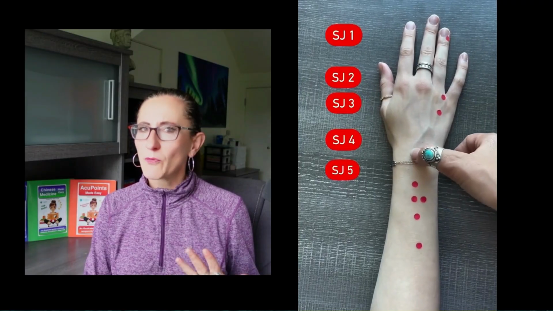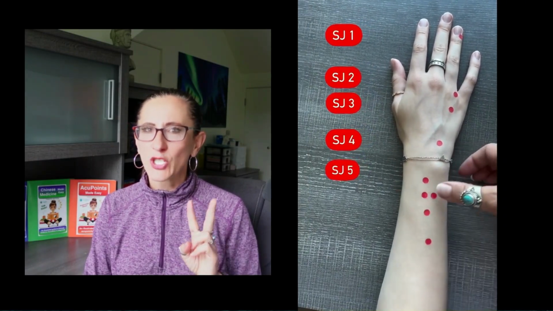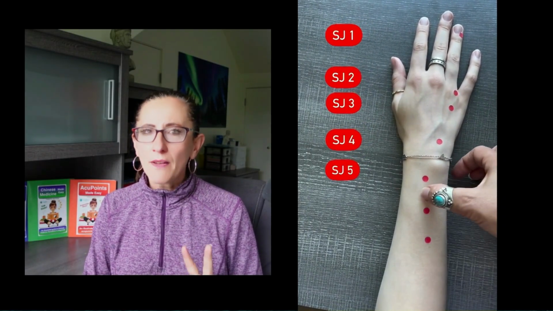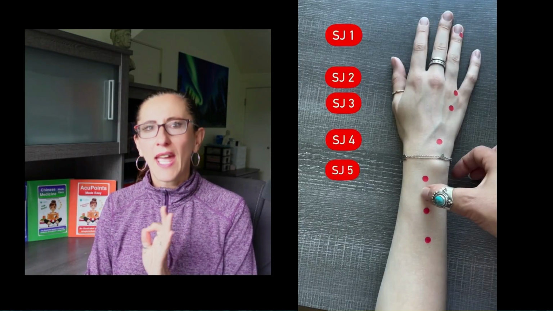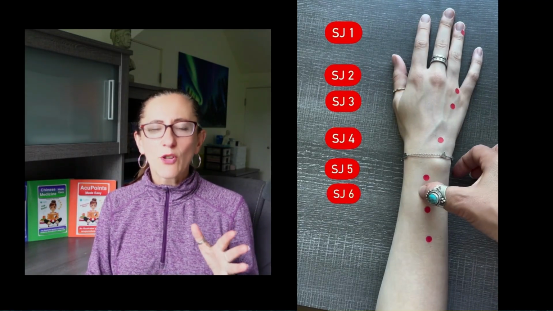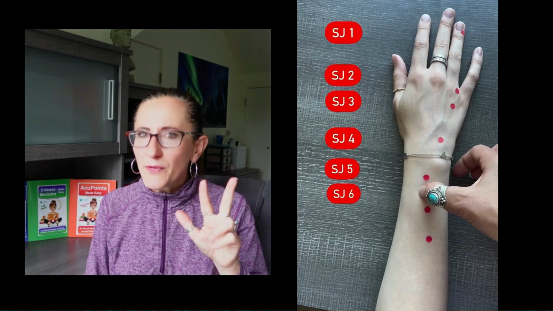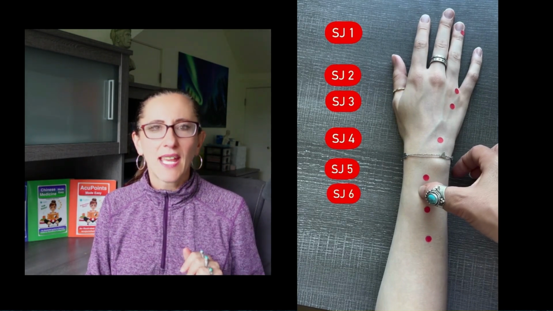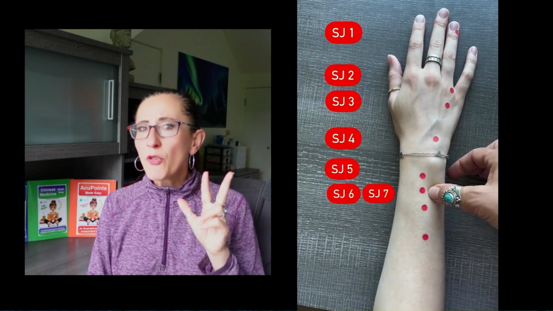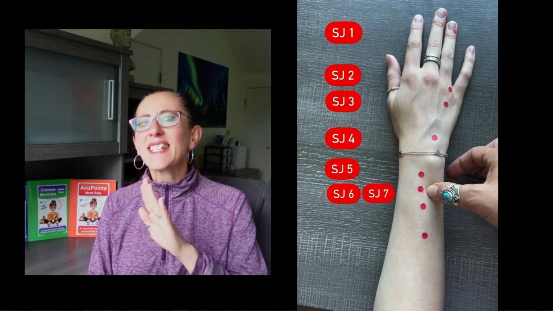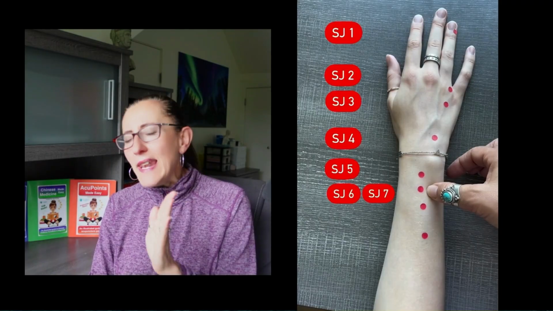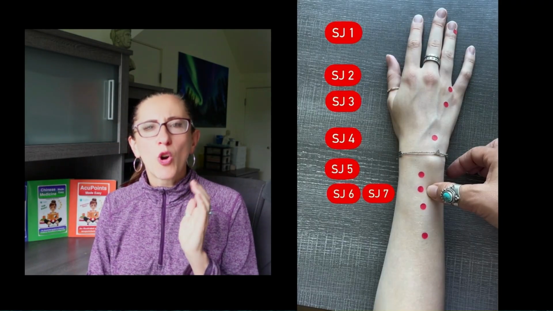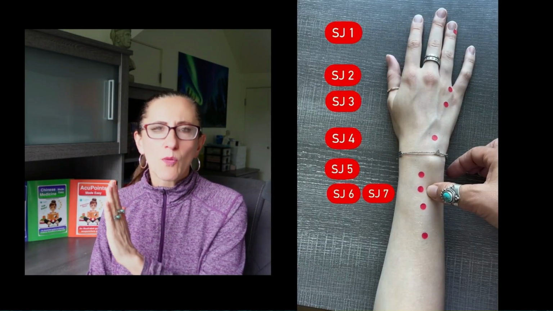San Jiao 5 is one we use a lot in clinical practice, and it is 2 tsun above the dorsum part of the wrist between the ulna and the radius. San Jiao 6 is located 3 tsun above the wrist between the radius and the ulna. San Jiao 7 is also 3 tsun above the wrist, but it is on the radial border of the ulna, so a little bit more towards the ulna area, so more lateral.